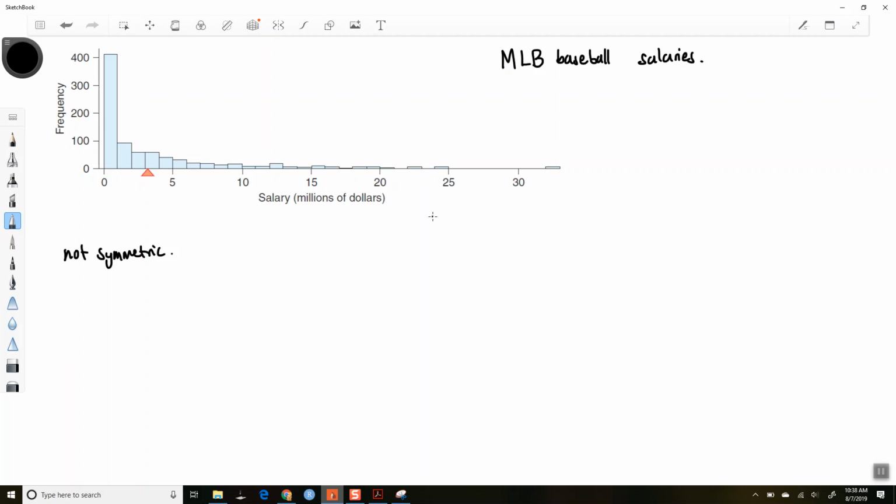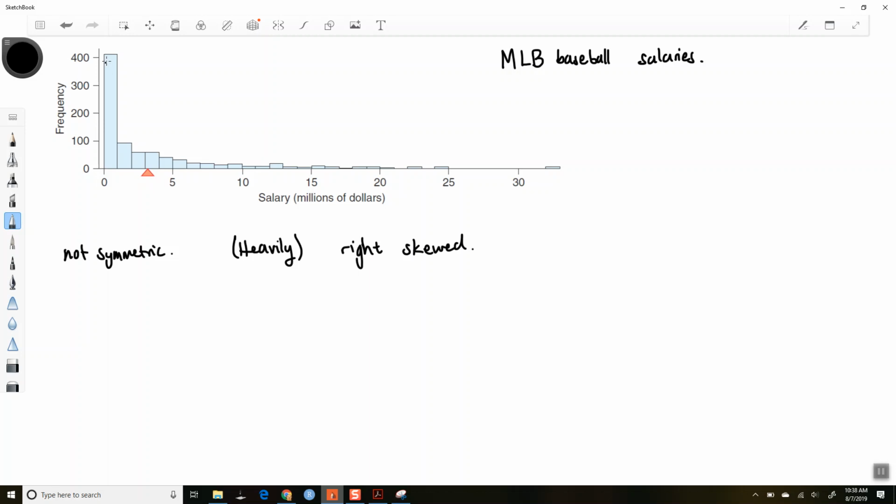Okay, and so we would say something like this is heavily right skewed. Okay, so this is not symmetric. We call this, and the heavily is just my commentary being added, we would just say this is right skewed.